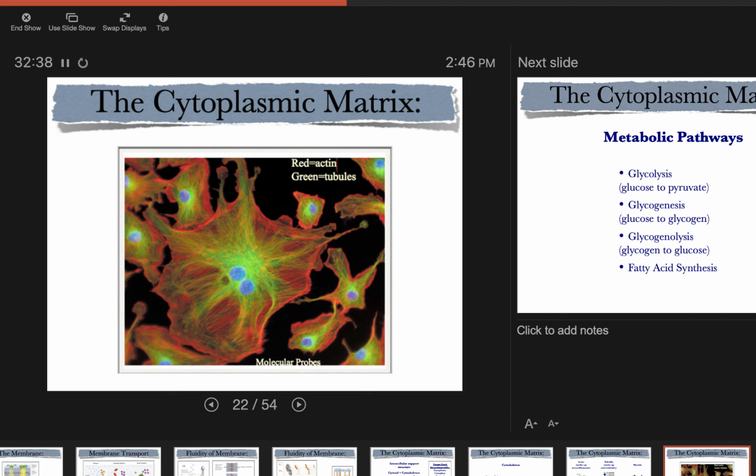When fluorescent light of a specific wavelength is shined on this stain, you get a red color. Antibodies that have a green fluorophore attached recognize tubulin, and that's the microtubules that you see. They also stain the chromatin, the nuclei, blue. So you can see that these cells have elaborate structure.